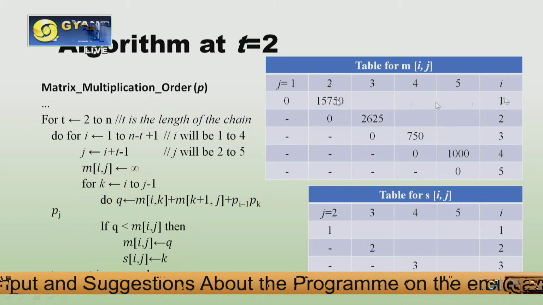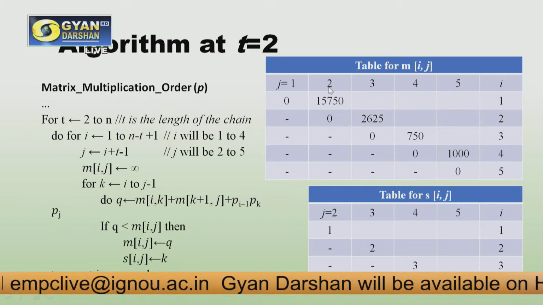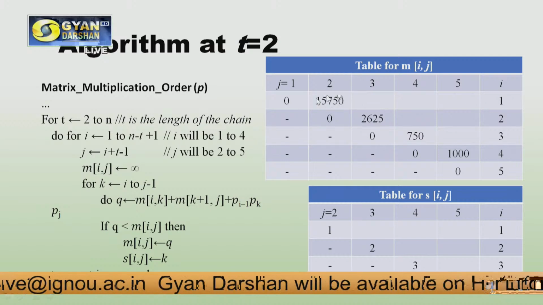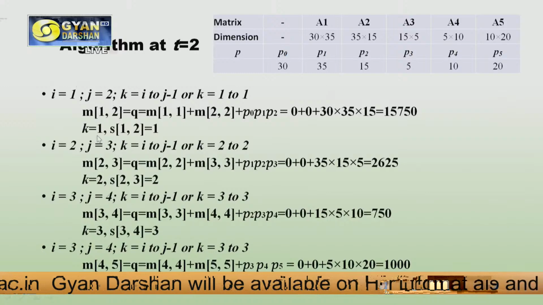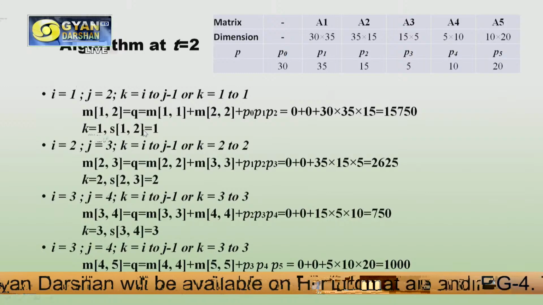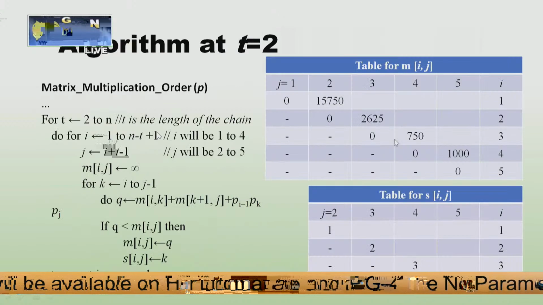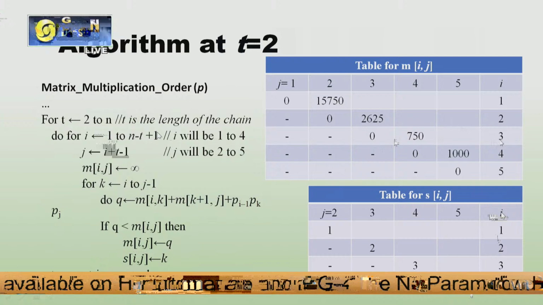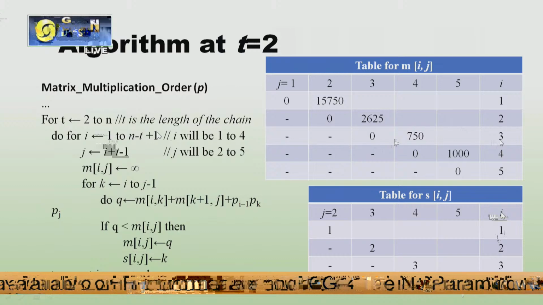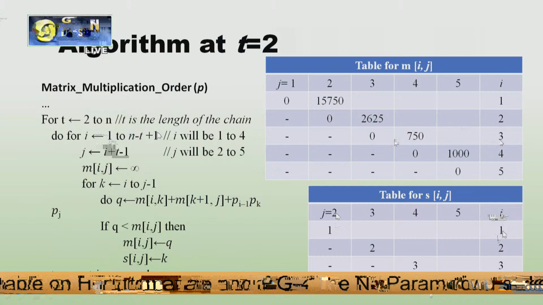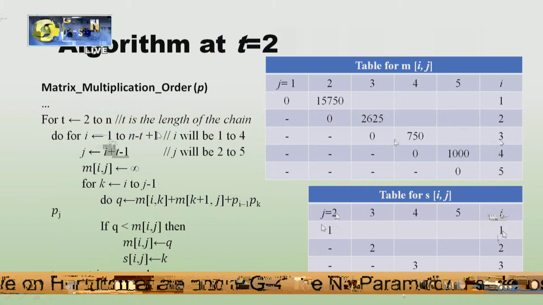So m 1 2 gets this particular value, which has been computed like this. And what was the value of k? It was 1. So for i equals to 1 and j equals to 2, that is where we are starting, the value of k was 1.